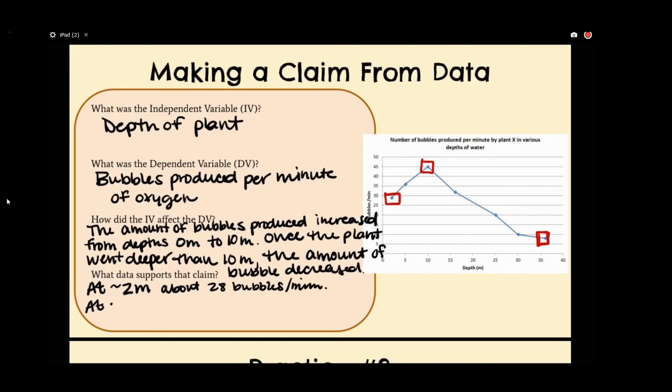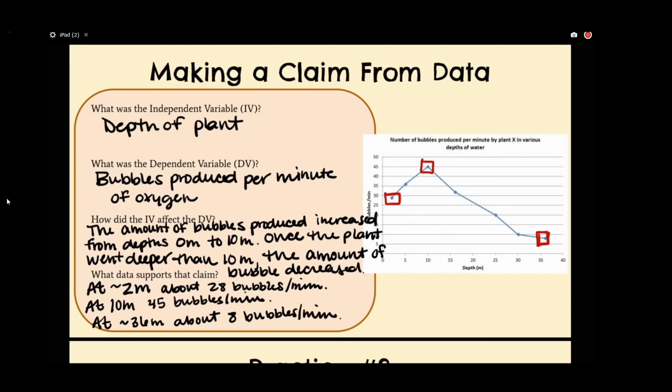At 10 meters, 45 bubbles were produced per minute. And then at roughly 36 meters, about 8 bubbles per minute were produced.